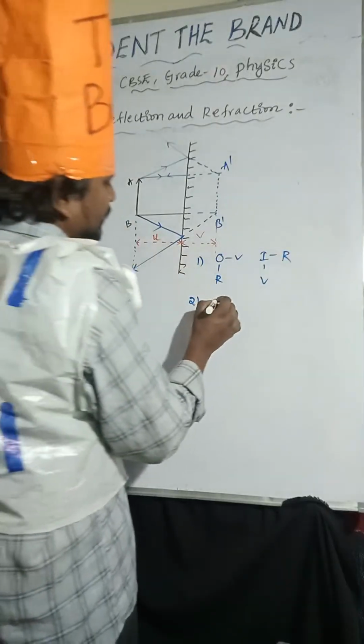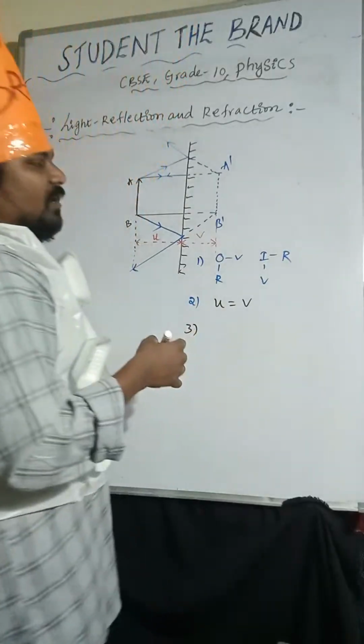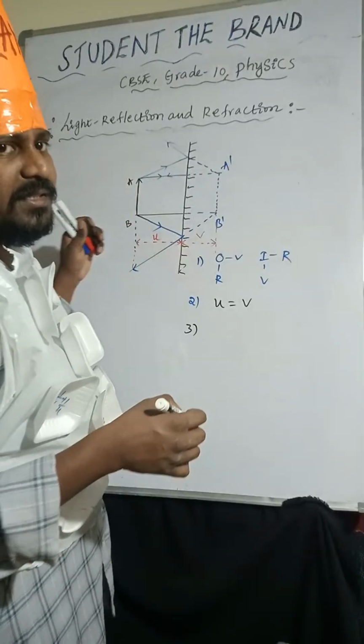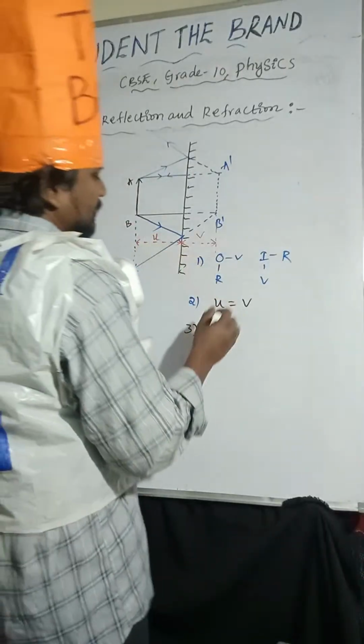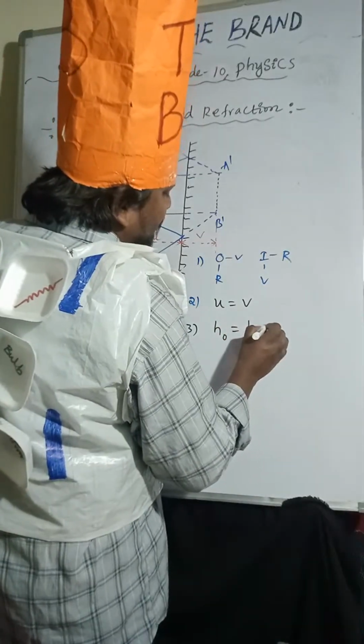So object distance is equal to image distance. And coming to the third one, height of the object is equal to height of the image. Height or size of the object is equal to size of the image.